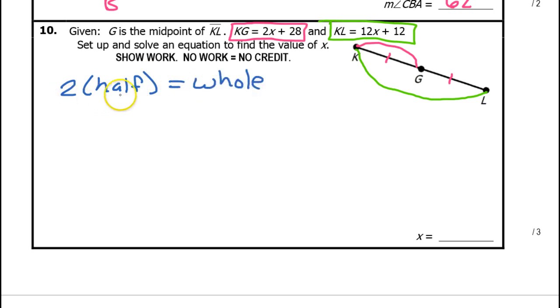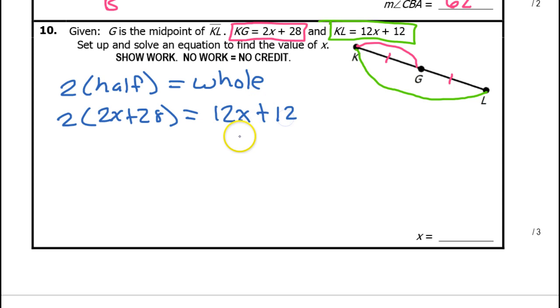So 2 times the half should equal the whole. So which one of these colors is the half and which one is the whole? Obviously the red part, the KG, is the half. So 2 times the red one, 2 times 2x plus 28, should equal the whole, the green one, the KL, the 12x plus 12.